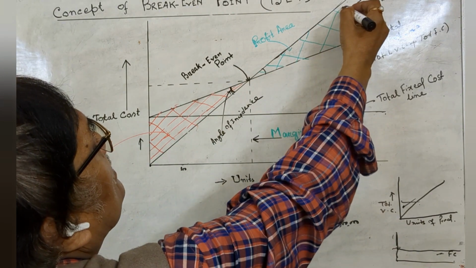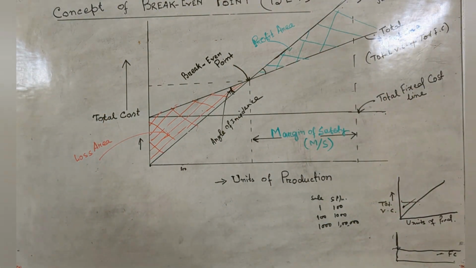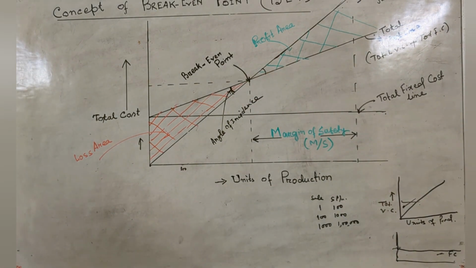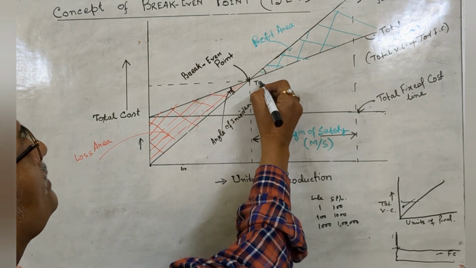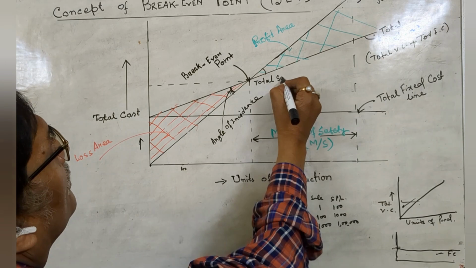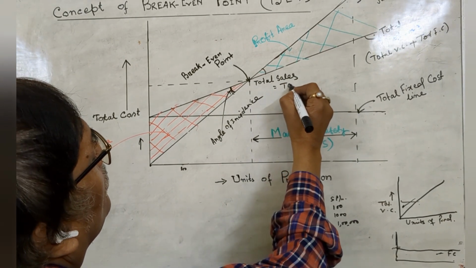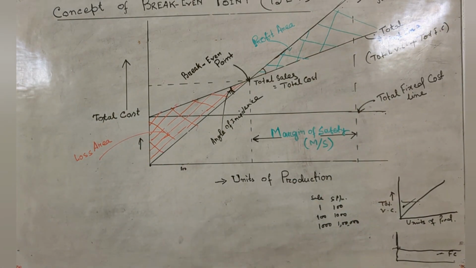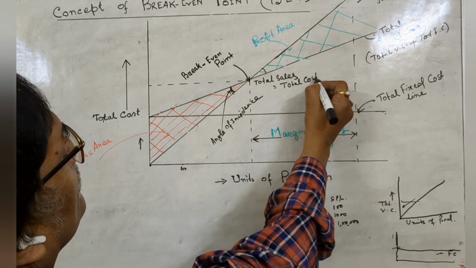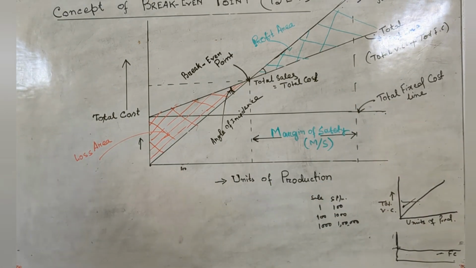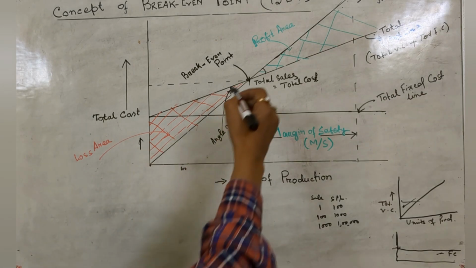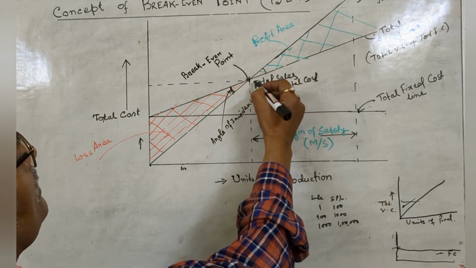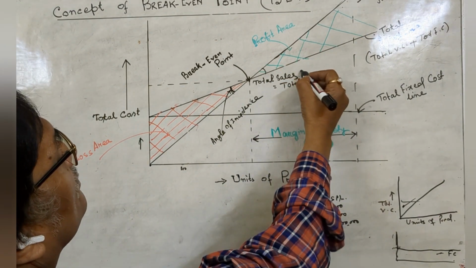So this is the total sales line and this is the total cost line. Now you see this is the cutting point where total sales value is equal to total cost. That means the amount we have incurred for the production for this capacity, or for these units of production, is equal to the total sales value.